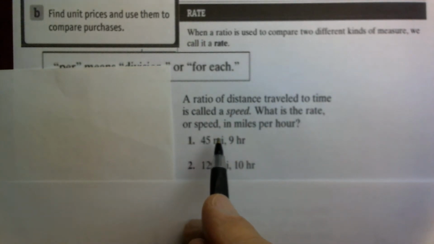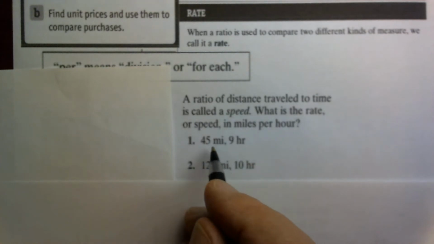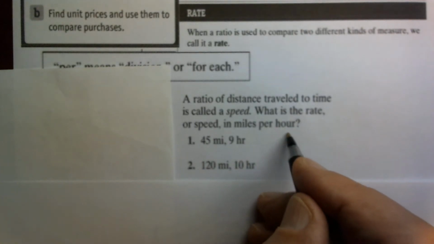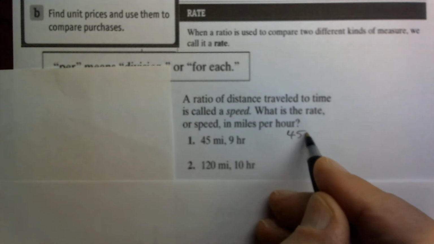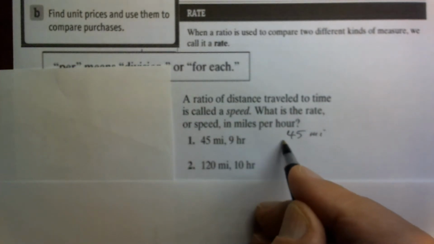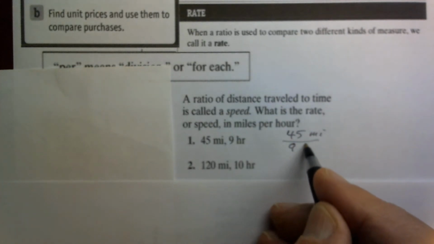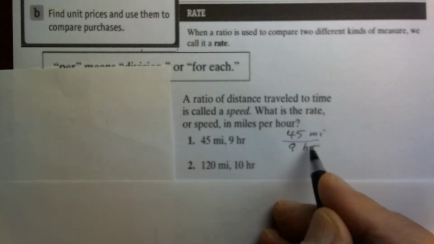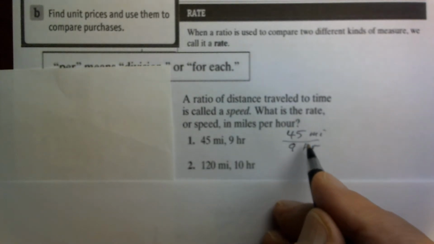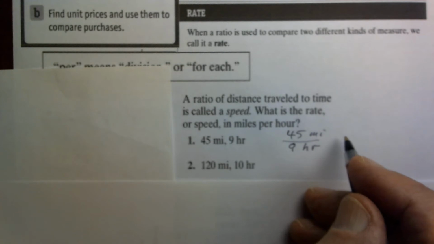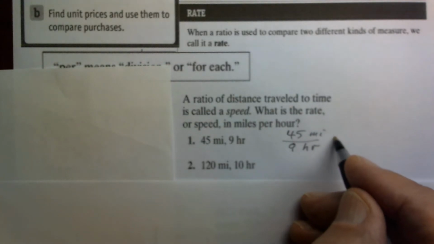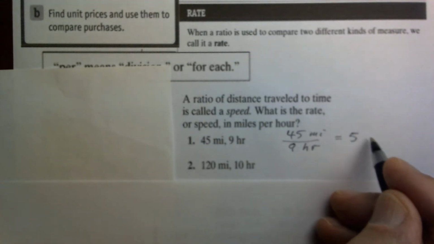What is the rate or speed in miles per hour? So we divide 45 miles by 9 hours. And since 9 goes into 45 5 times, the answer would be 5 miles per hour.